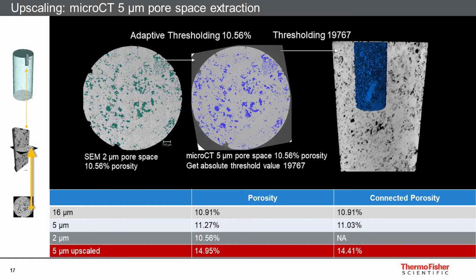Upscaling is done with the adaptive thresholding module. As we have the same exact slice at two different resolutions, we can input the 10.56% porosity value obtained from the SEM on the micro-CT slice. We then obtain an absolute threshold value that we can report on the entire subplug with a global thresholding.